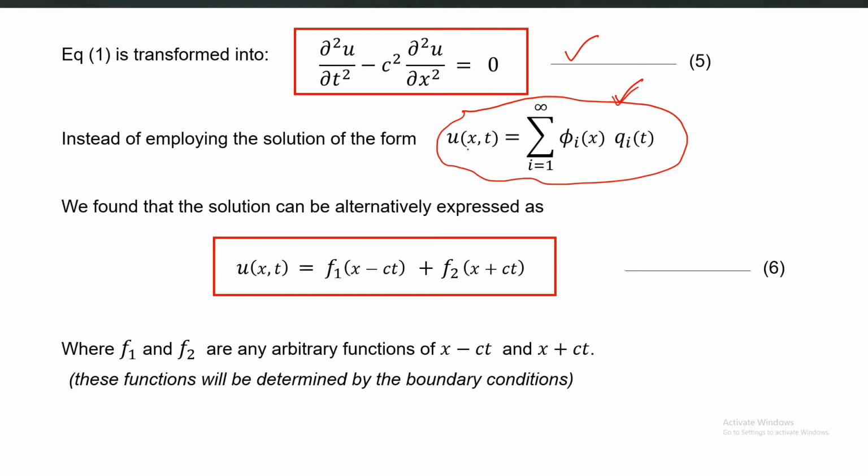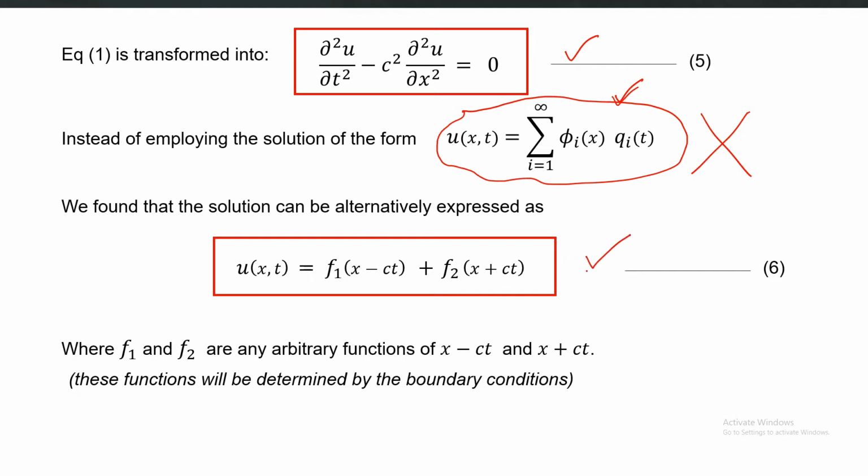Here we will not use this equation. We will alternatively use another approach for the solution of the same equation 5. We found that the solution can be alternatively expressed as equation 6.